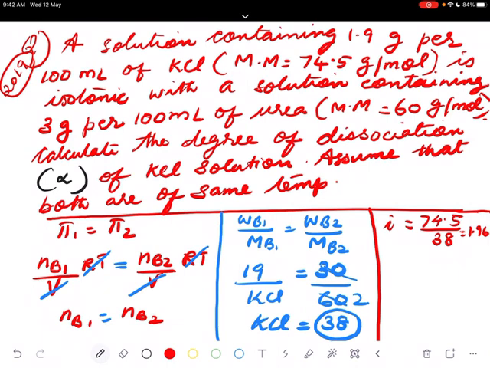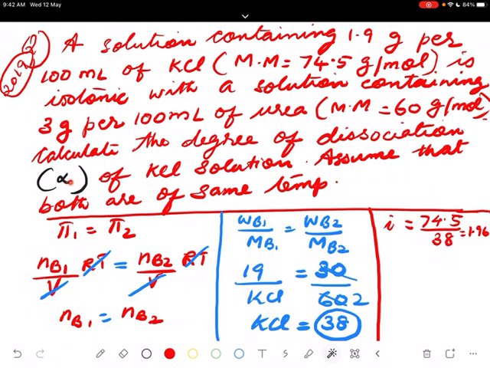If there is alpha, then you have to go for partial dissociation.